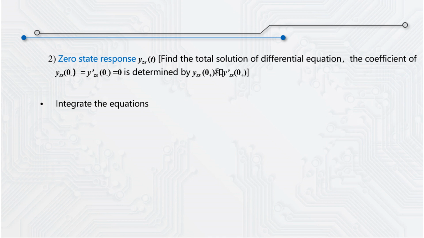The solution of the zero state response is more complicated. It is composed of the homogeneous solution and a special solution. We substitute the excitation signal into the original equation, and you can get this relationship.